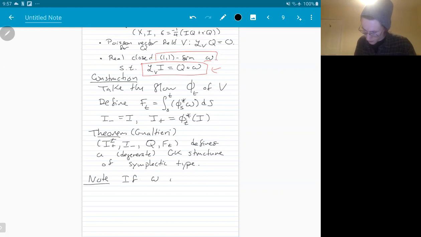So if omega is scalar and t is small, then we get a genuine GK structure.